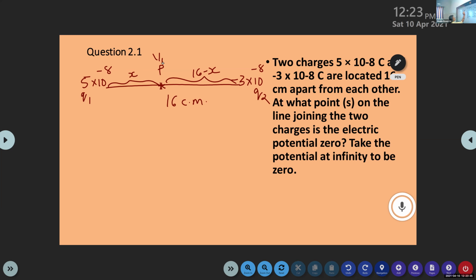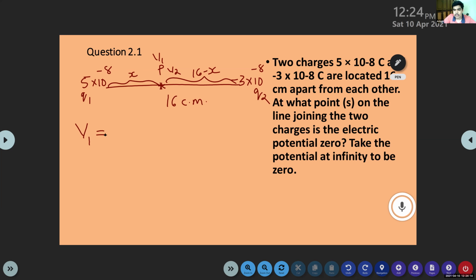Similarly, the potential due to the charge Q2, that is minus 3 into 10 raised to minus 8 coulomb, at this point P can be taken as V2. So first we can consider the expression for V1. What is the equation for calculating V1?